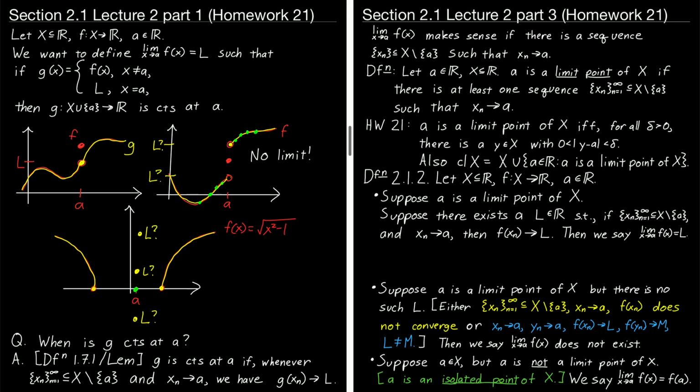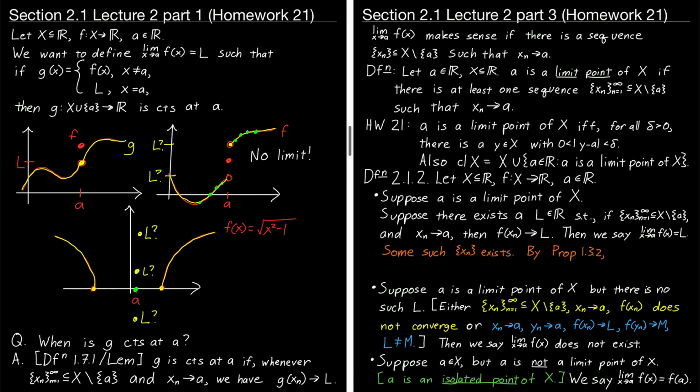I'd like to say one more thing about the very first case, the case where A is a limit point and L exists. So if A is a limit point, then we want to note some such sequence exists. And then go all the way back to section 1.3.